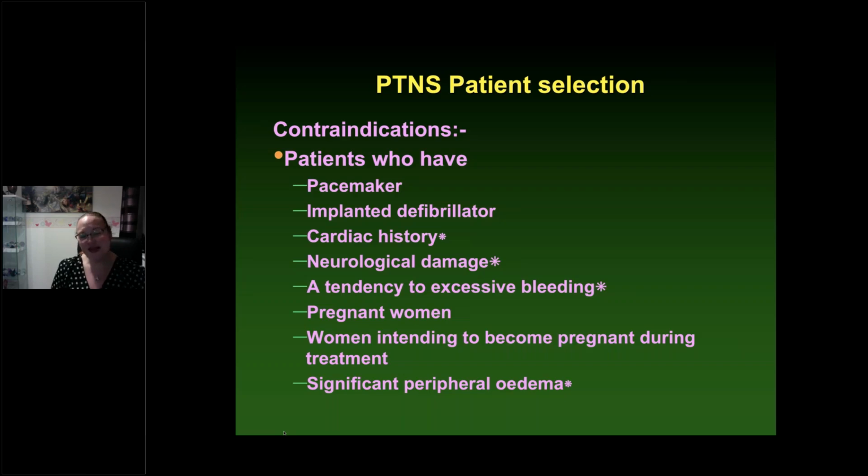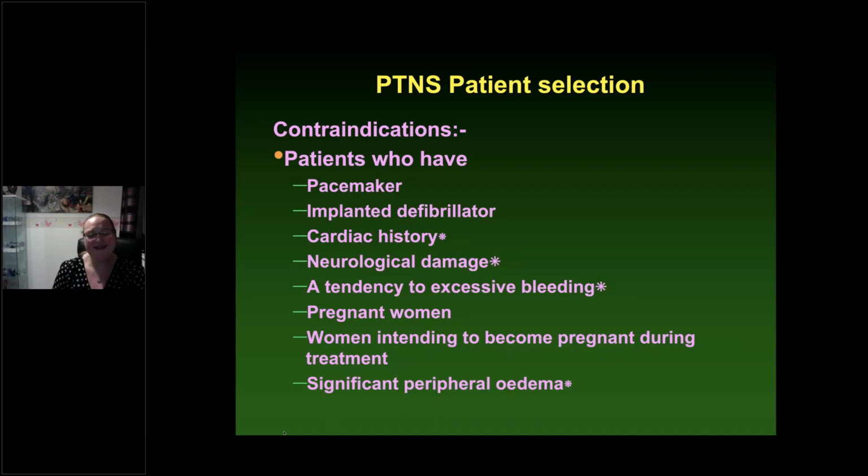We also need to be careful about those that have cardiac history, neurological damage, or a tendency towards excessive bleeding. For those with a cardiac history, it may be worth discussing with their cardiologist whether they are concerned about any potential issues. For those with excessive bleeding, it may be worth doing a trial of a needle placement and seeing what happens.